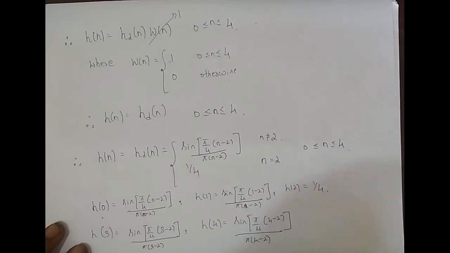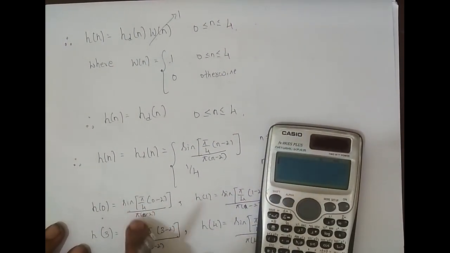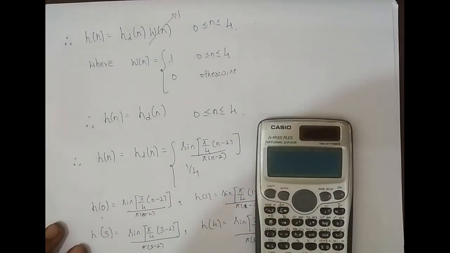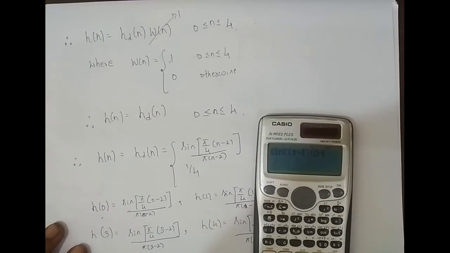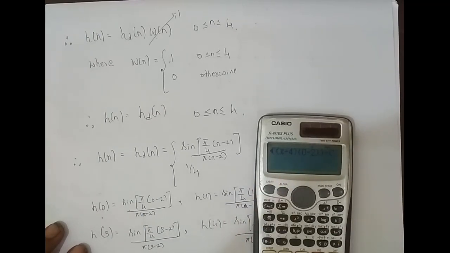Now let me just solve this equation. You have to put your calculator in radians mode. So sine of pi by 4 into 0 minus 2, divided by pi into 0 minus 2.